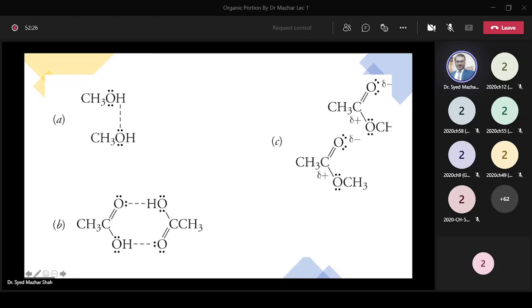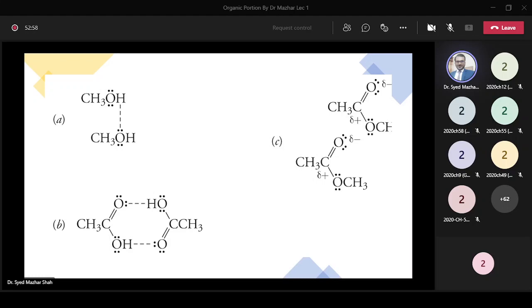And you know that for hydrogen bonding to occur, there should be a very large difference in electronegativity of the atoms. Can anybody tell me, if one of the atoms is hydrogen and we want to predict whether there is any hydrogen bonding between the molecules, what other atoms can be attached to the hydrogen atom that would result in hydrogen bonding?